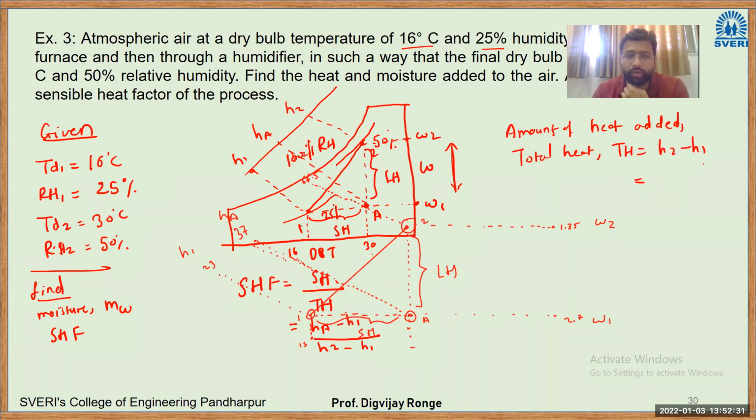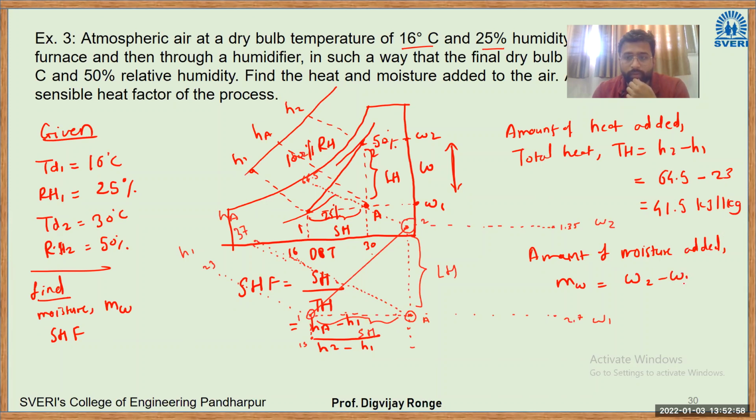H2, how much we have taken? 64.5 minus 23. So this will be how much? 41.5 kilojoule per kg. Okay. Amount of moisture added, so let us say that is mass of water vapors. This will be equal to W2 minus W1.